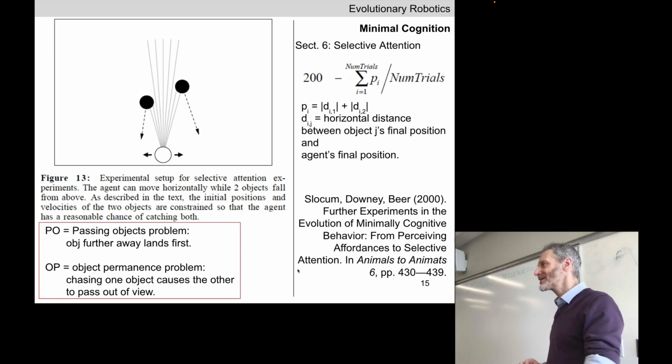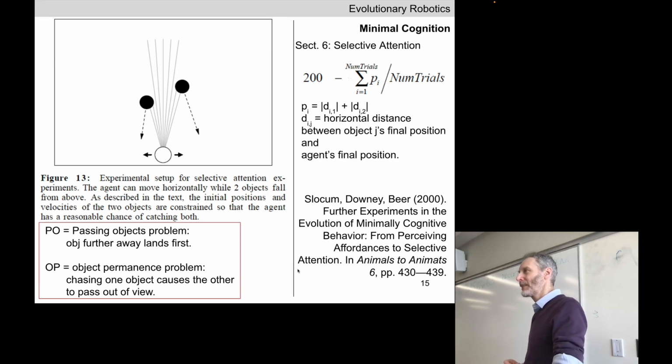What about the object permanence problem? Think of any examples from your own life of this issue. You go chasing after one issue and a second issue passes out of your cone of perception. If you're focused on one assignment and you don't check your email.